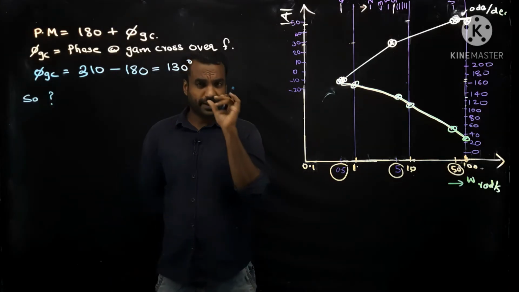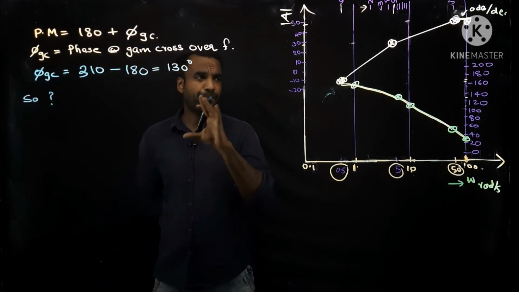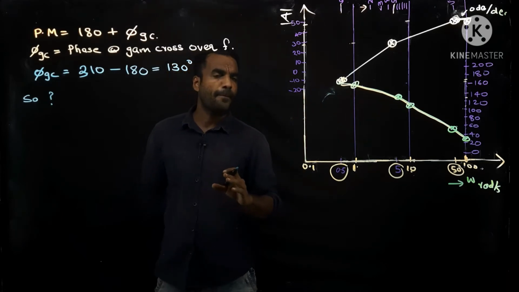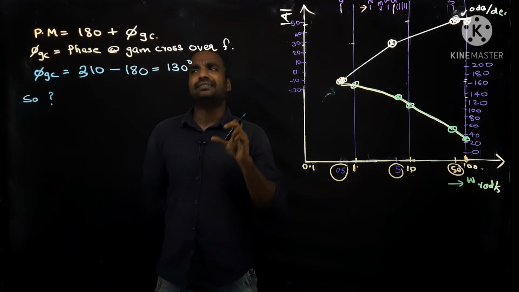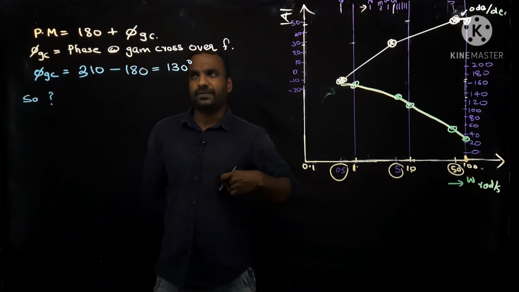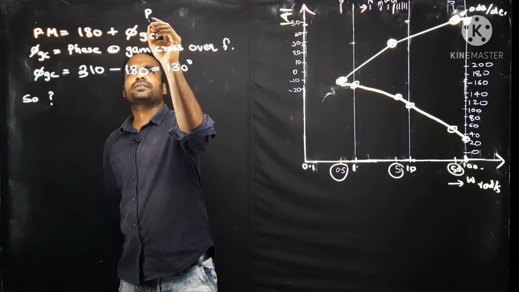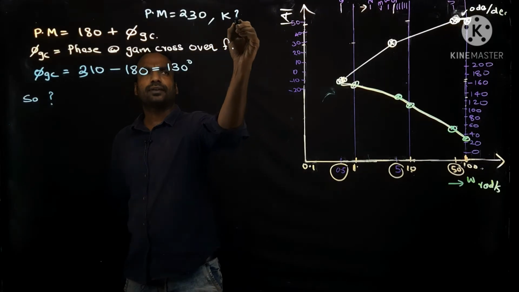So this is the area where I want to really focus on this problem because up to this moment these things are already done in the previous problem. But now I want to adjust the phase margin. Okay, the phase margin should be 230. In order to that I want to find k.